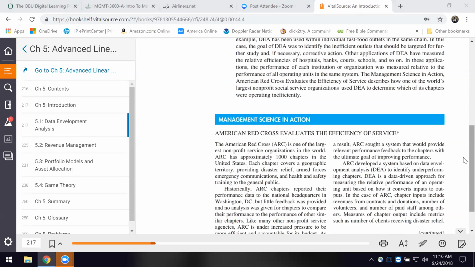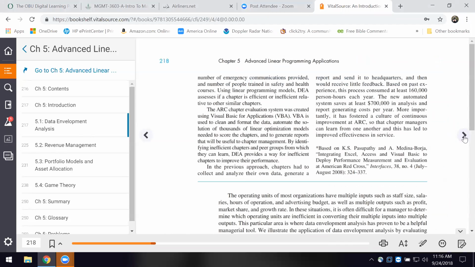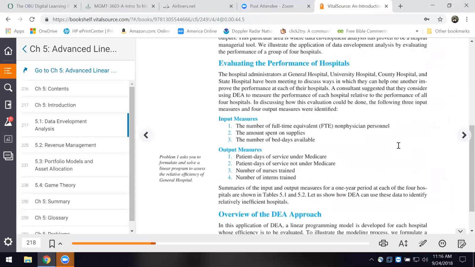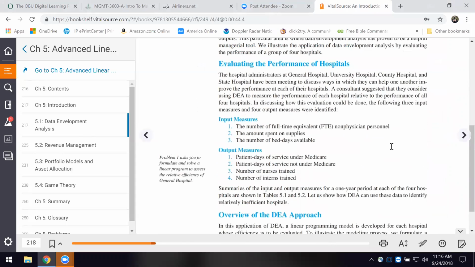It's not as complicated as the authors try to make it. Now, it's probably one of the most prevalent tools that are out there, and they give you an example of this county hospital, and I'm over on page 218 where they talk about the input measures and the output measures. Now, DEA has also spread into franchises.